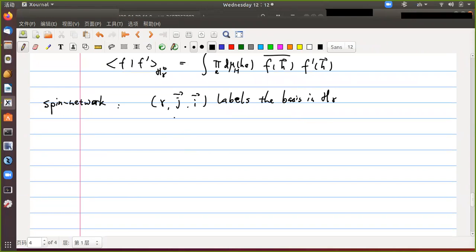What does that mean? Firstly, you have an oriented graph, or oriented lattice. Oriented means that all the edges are oriented.